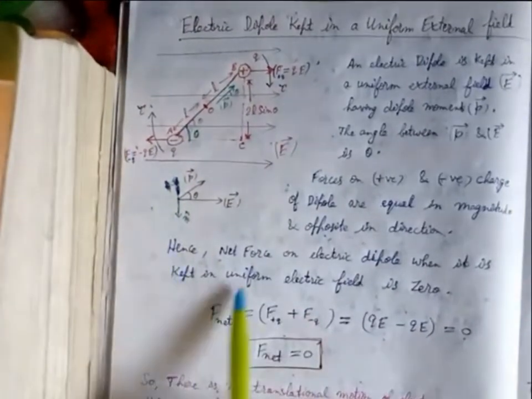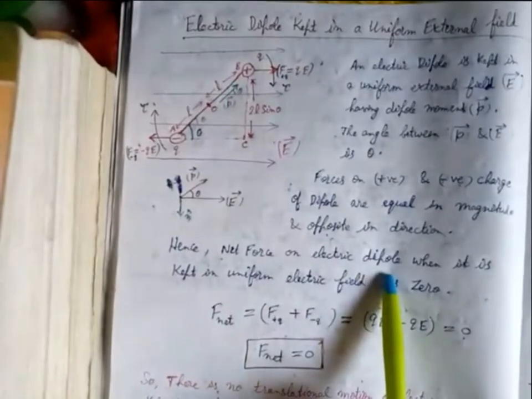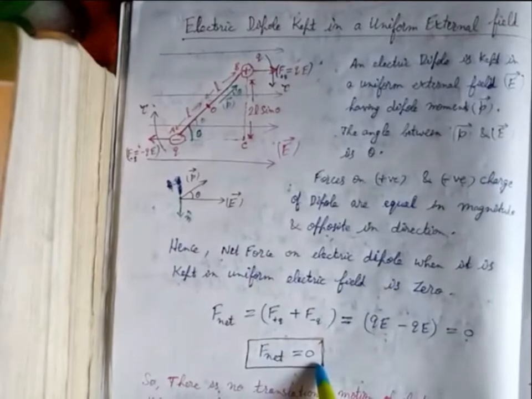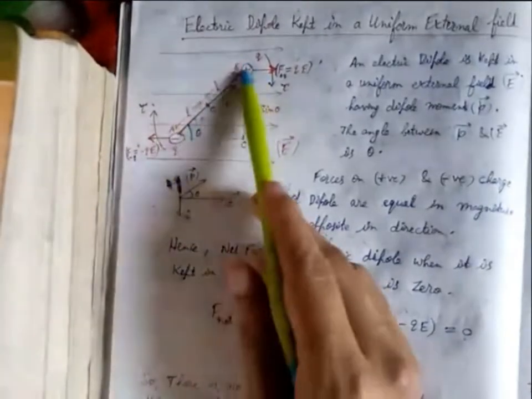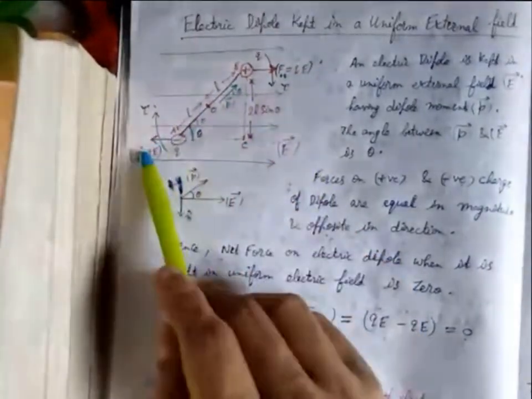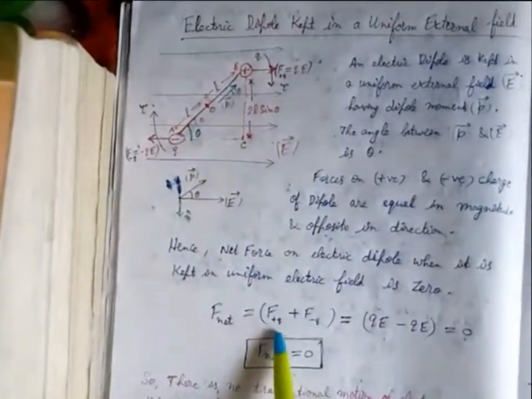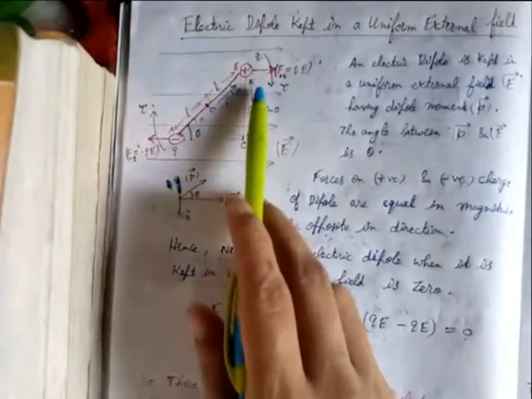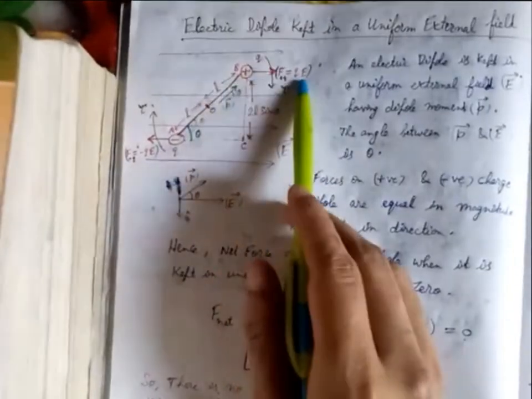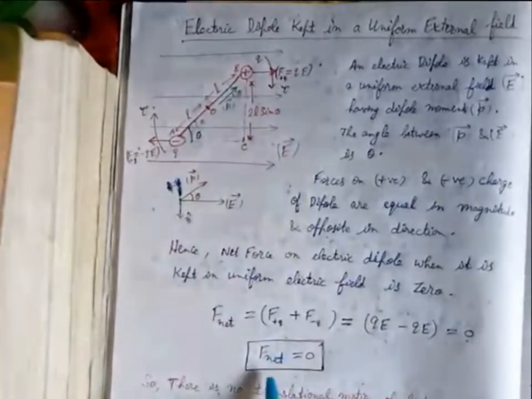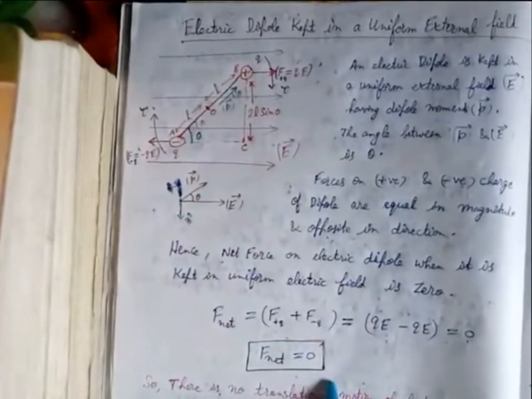The net force on the dipole will be 0 because both charges are equal in magnitude and the electric field is also the same. So the forces will be of equal magnitude and opposite in direction, and the net force will be 0.